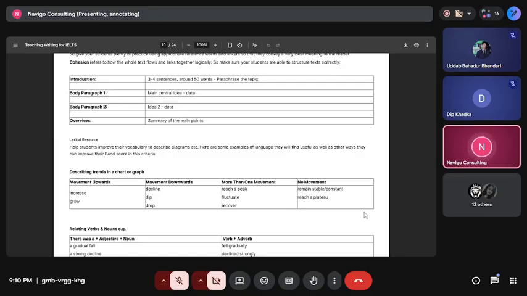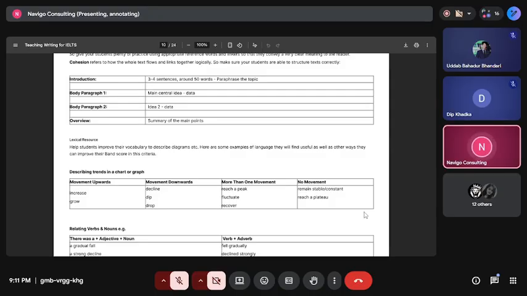So for example, whenever you are describing data, let's suppose you are describing a line graph, right? There are categories, there is data that is given. Some of the categories are moving up, coming down. Some of them are constant. Some are rising up, again coming down, again going up. Then you might get these varieties of data, right?